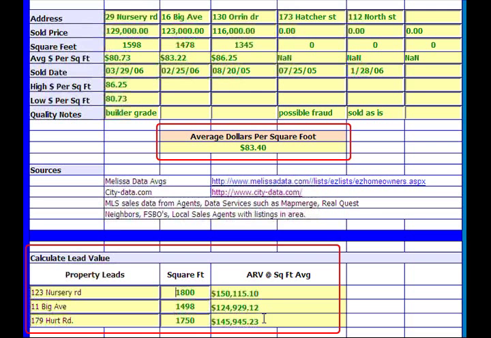Now this is your foundational number in your formula, so it's very important to be as accurate as possible with the dollars per square foot average so that your after repair value estimates are accurate, because the after repair value is the basis from which all of your other numbers will function. And if it's the foundation of the formula that you will use to come up with the maximum allowable offer, it's critical that this number be rather conservative and as accurate as possible.